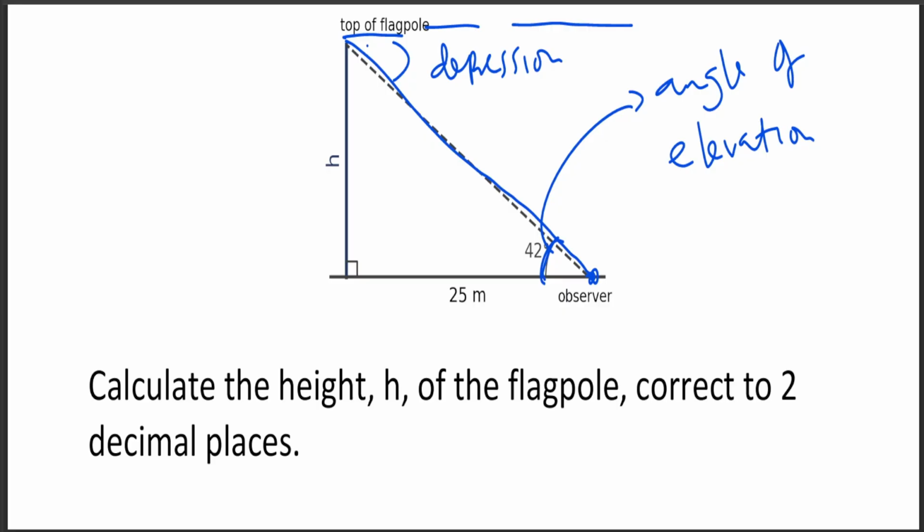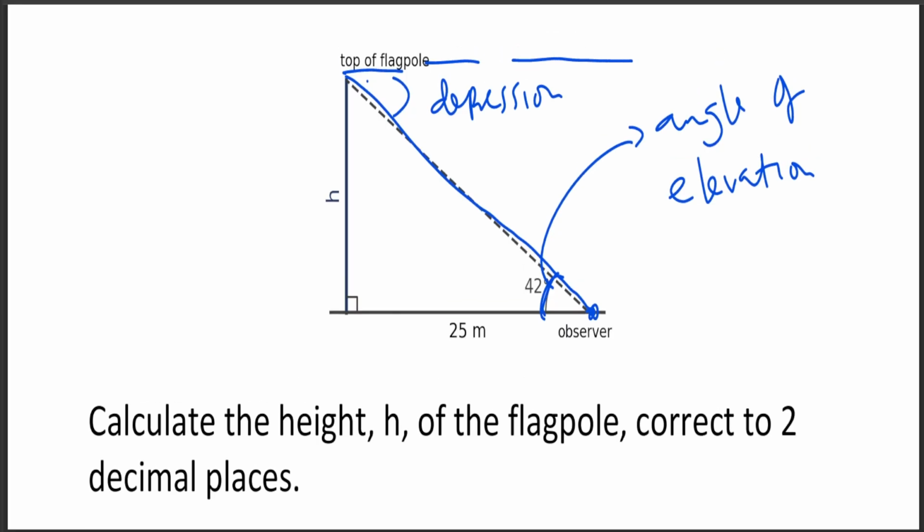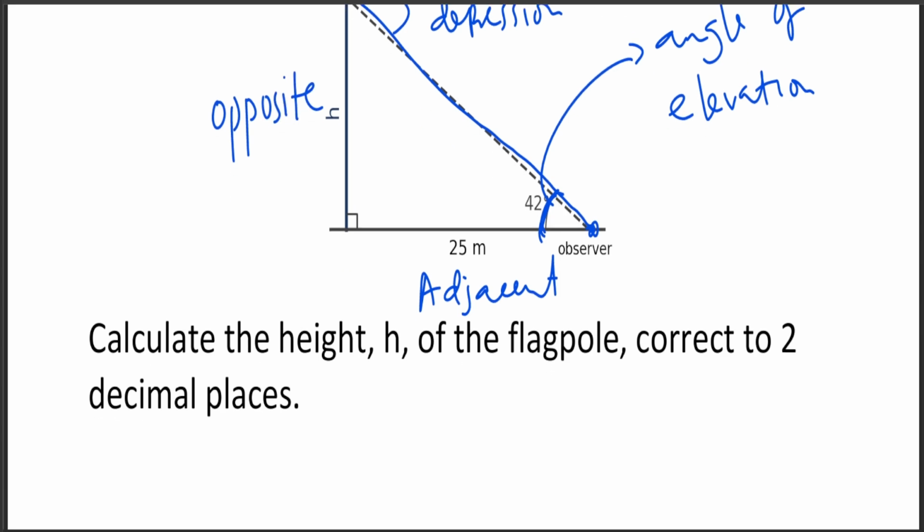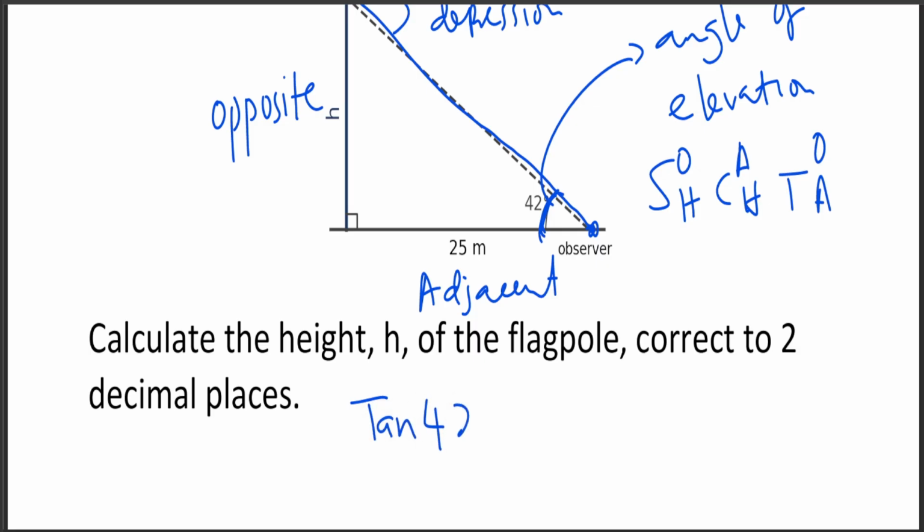The question says calculate the height of the flagpole correct to 2 decimal places. So you have the angle, you have the adjacent, and you are asked for the opposite, not the hypotenuse. So the one that involves opposite and adjacent, from the word itself, is tangent, and therefore we'll write it as tan 42 degrees is equal to your opposite, which we don't know, over your adjacent, which is 25.